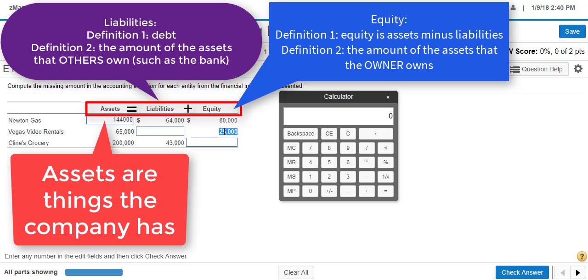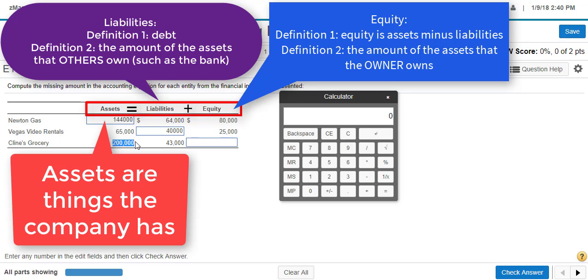Also, mathematically, it's just 65,000 minus this, liabilities, gives you equity. So now we can calculate this amount. And that one was pretty easy. We can do that in our head, 40,000. So notice our accounting equation is now true. 65,000 equals 40,000 plus 25,000.